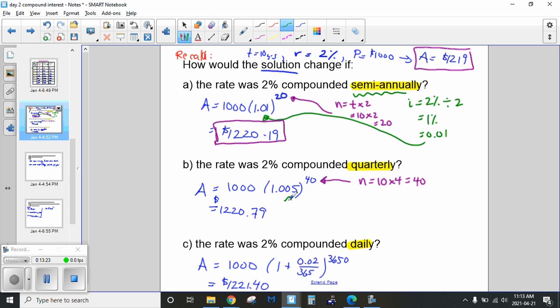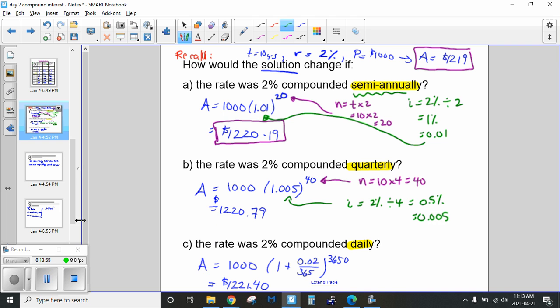And then the inside of that bracket has to do with the interest rate, which was 2% divided into 4 equal chunks. So that's 0.5% or 0.005 as a decimal, and that gets added to 1 in the equation. And we earn a little bit more money, so an extra 70 cents by collecting it more often.